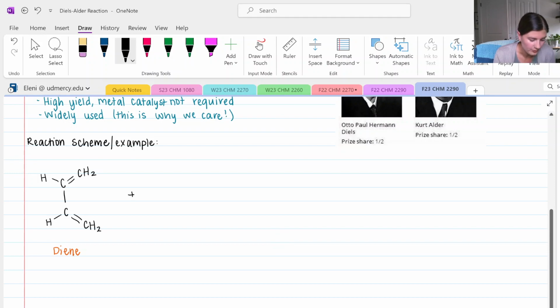The other reagent we call a dienophile. And the dienophile is a molecule that has another carbon-to-carbon pi bond. It can be a double bond or a triple bond. In this molecule, we'll look at double bonds. And then other groups are bonded to those carbons. So it's not a diene, but it does have a pi bond.